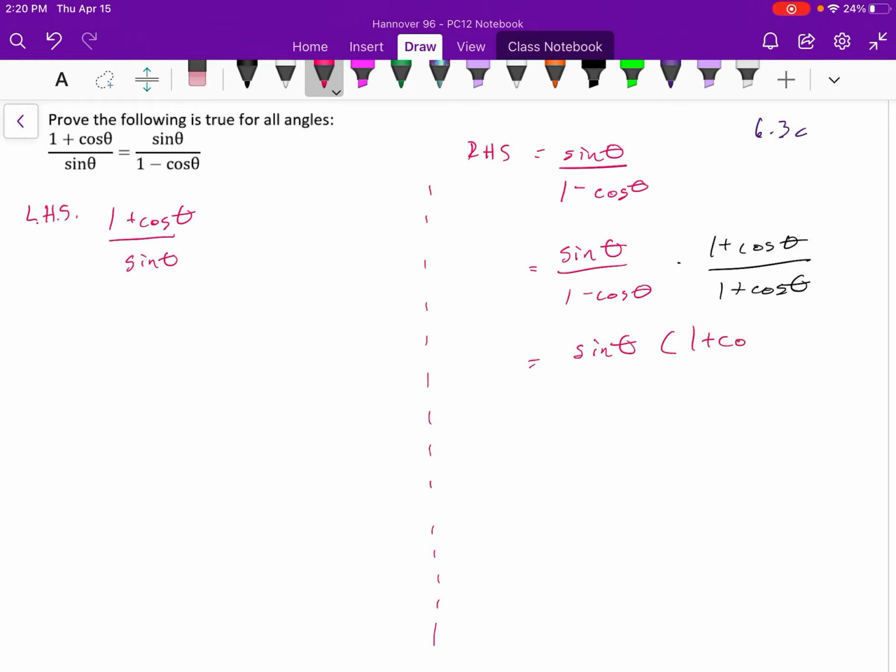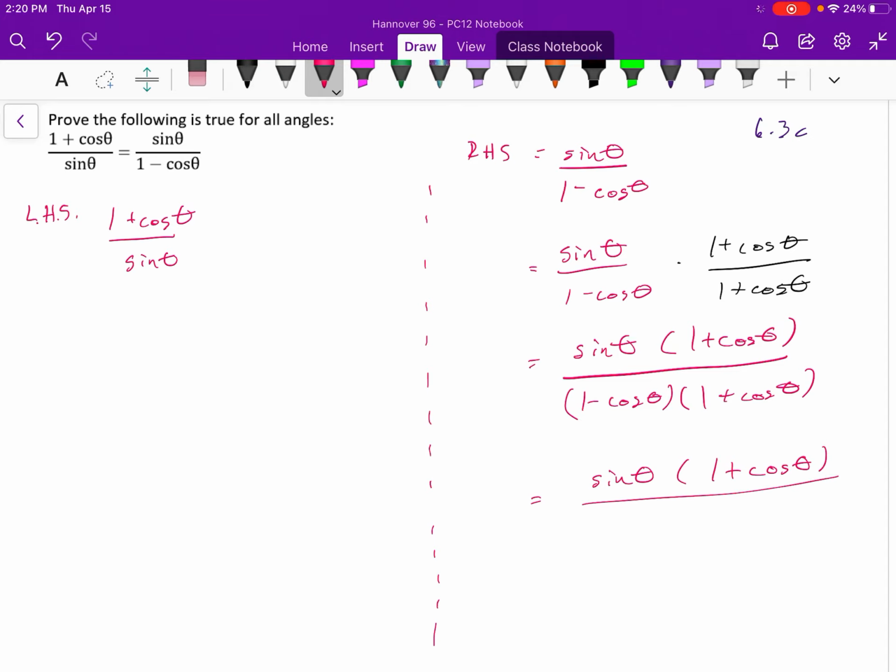So sine theta times 1 plus cosine theta is going to yield 1 minus cosine theta, 1 plus cosine theta, and there is my conjugates, the product of conjugates, and they create a difference of squares. Now, this looks like it's disgusting, but I promise you that we are going to get somewhere really quickly.